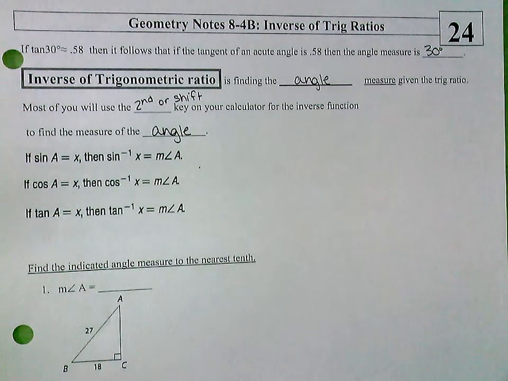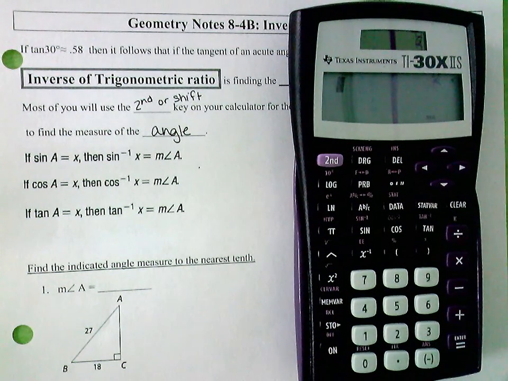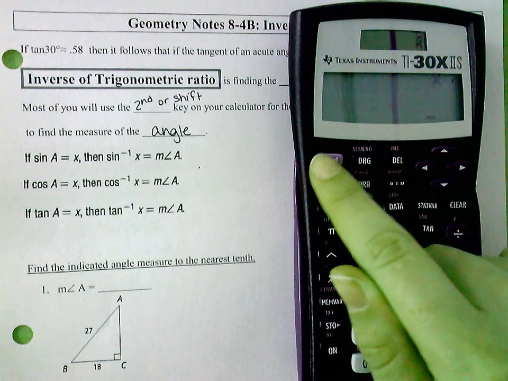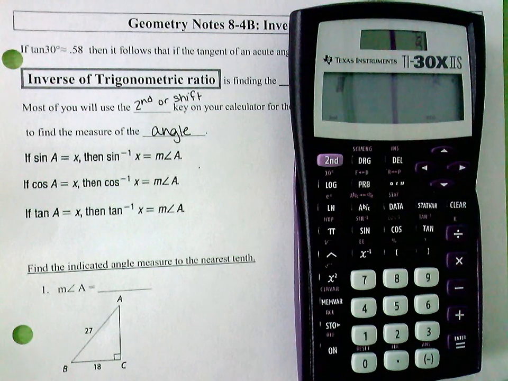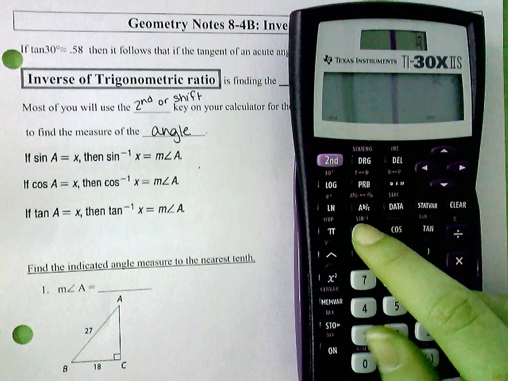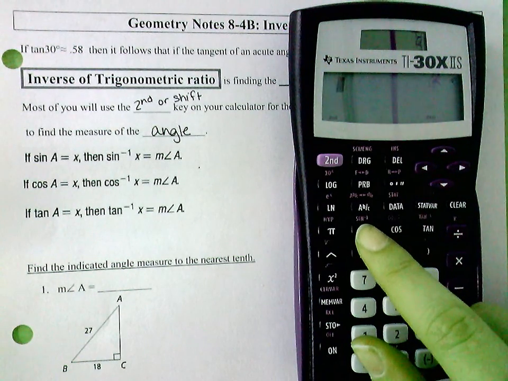On your calculator, so on mine right here, if you want the inverse, you're going to press that second or shift key and say I want sine inverse. You'll still press that sine button. If you notice right above the top, it says sine with a negative one first.